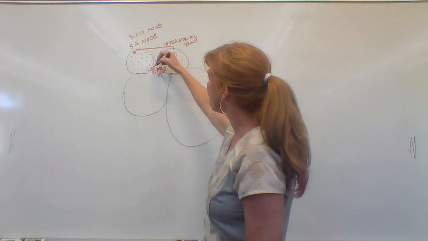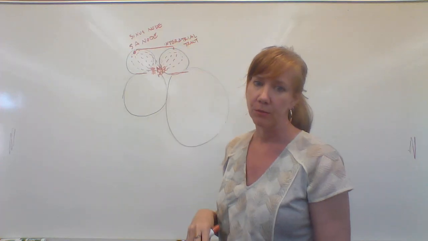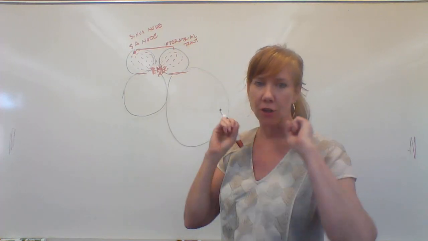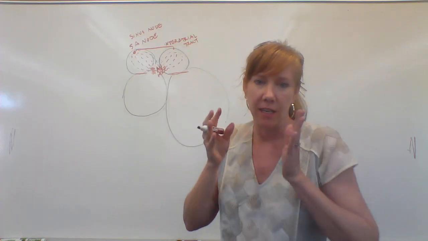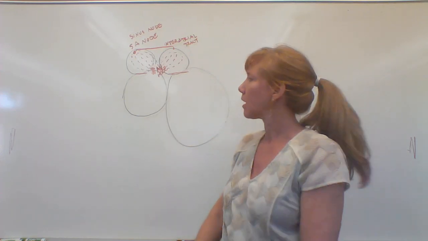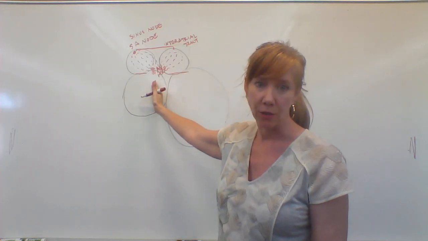So we have a bundle of fibers that come down off of the AV node to accelerate the electricity and shoot it down towards the ventricles. And this bundle of fibers is called the bundle of His.